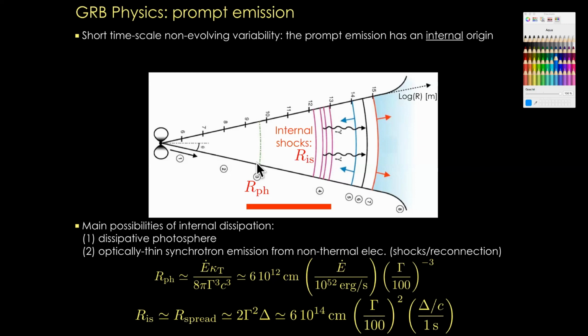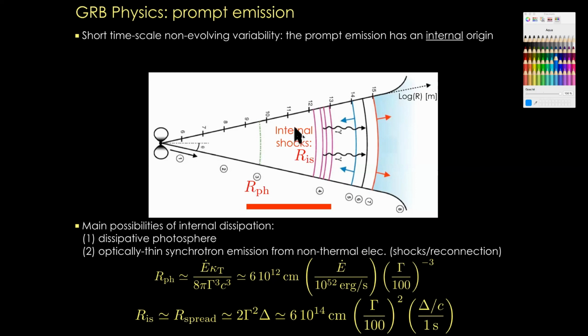Before the photospheric radius, radiation cannot escape. And above the photospheric radius, radiation can escape. So clearly, there is a first possible emission site, which is the photosphere. So it is considered, I will discuss that in a few minutes.